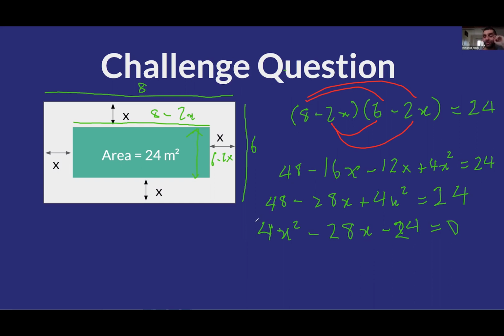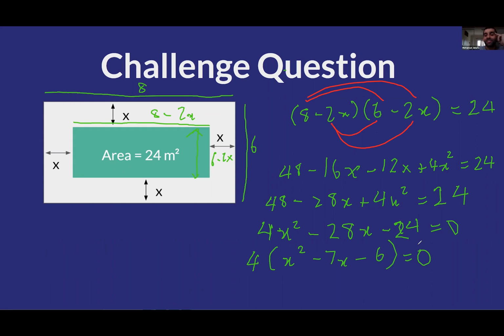The next step is to factorize. Now you should all be masters of factorization. What is the first thing we do when we factorize? Always, the very first thing is look for the highest common factor. So 4 is a common factor of all these things. That leaves me with x squared minus 7x minus 6 is equal to 0.